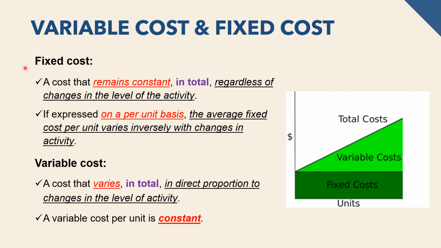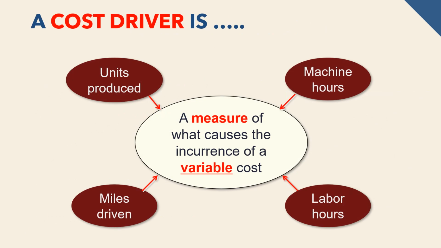For fixed cost, if expressed on a per unit basis, the average fixed cost per unit varies inversely with changes in activity, but a variable cost per unit remains constant. A cost driver is a measure of what causes the incurrence of a variable cost, such as machine hours, labor hours, miles driven, and units produced.